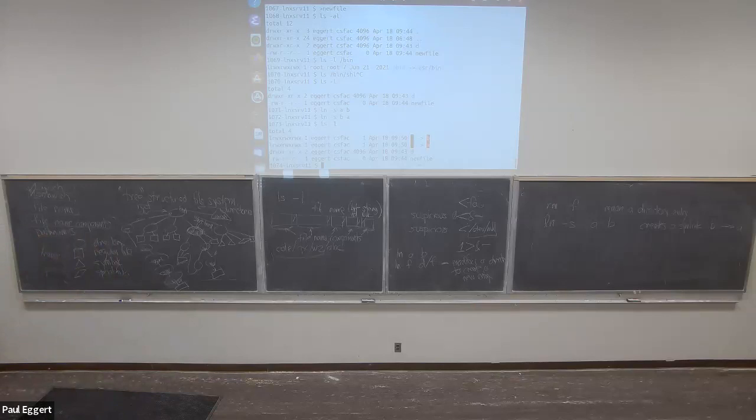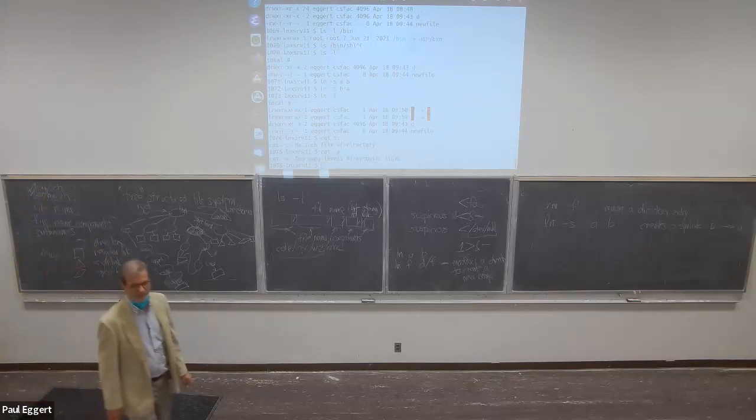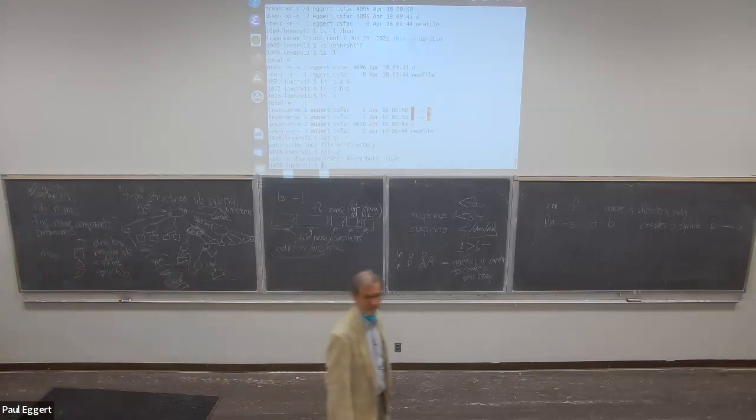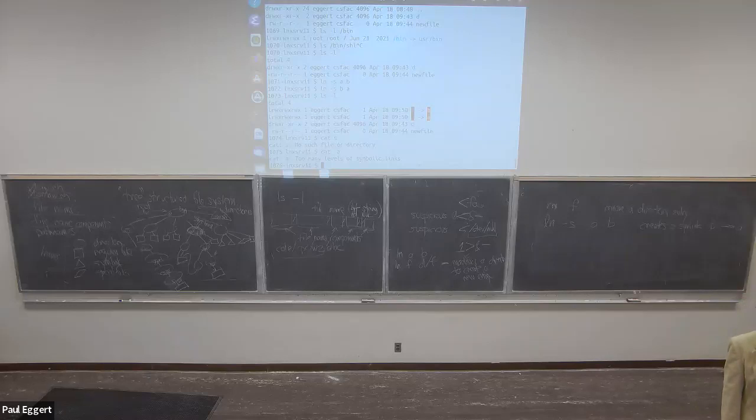And if we do cat A, what the operating system did was it did this expansion over and over again, replacing A with B, and then B with A, and then A with B, and then B with A. Eventually, after about 20 or 30 times, this is too much, and it gave up.